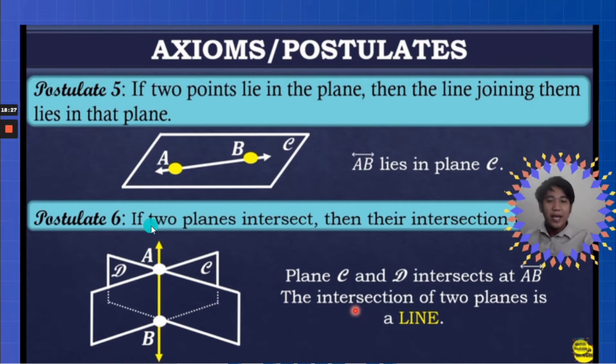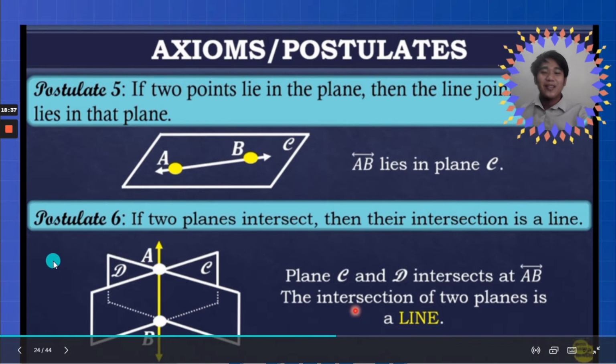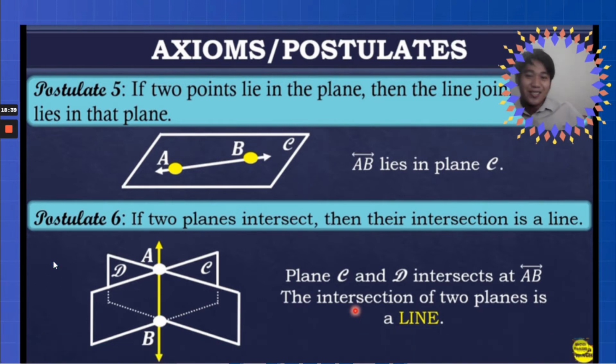Next, postulate 6. If 2 planes intersect, then their intersection is a line. Did you get this illustration, class? Imagine 2 papers.